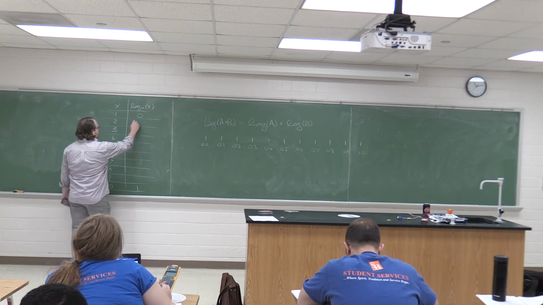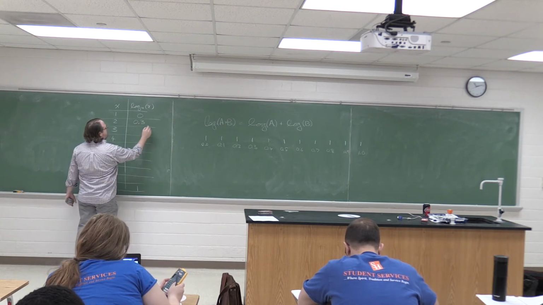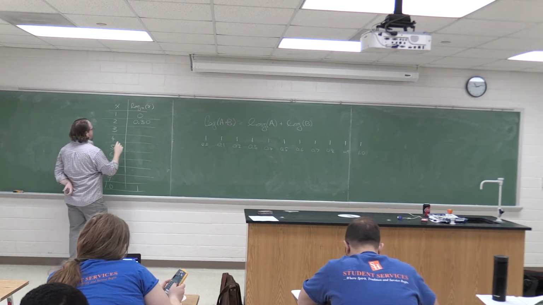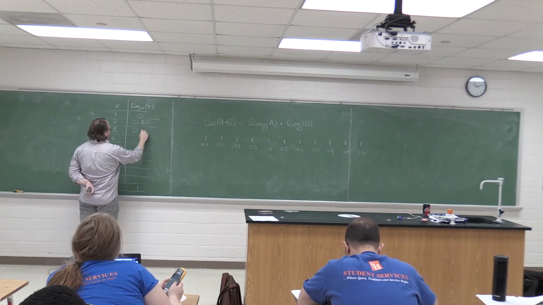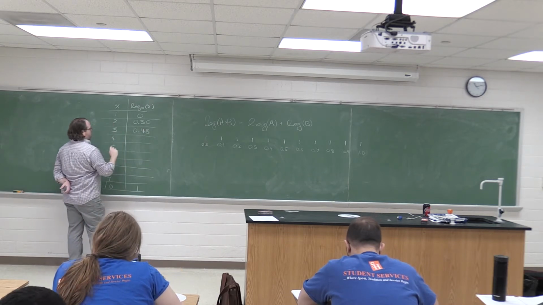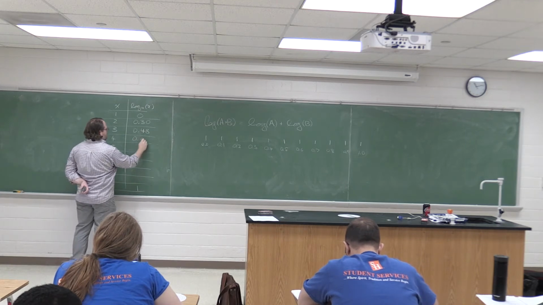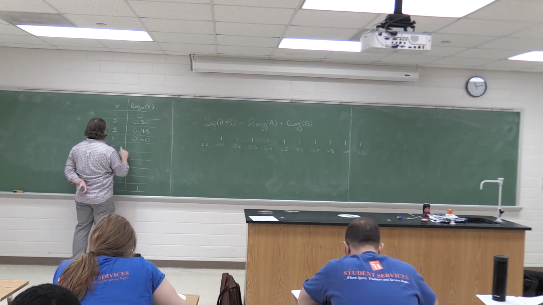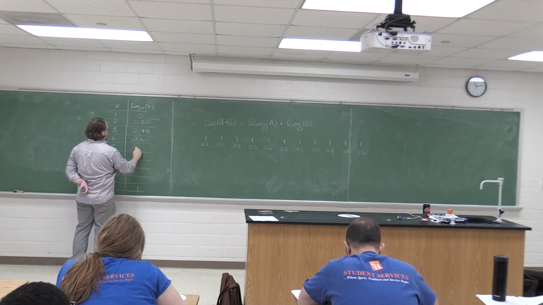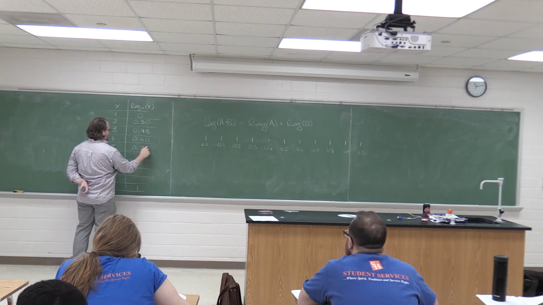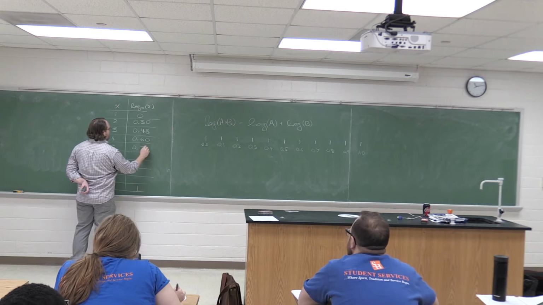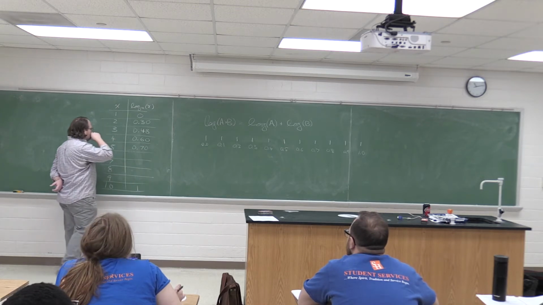0.3. Okay, go ahead and give me another digit, maybe. 0.301. Okay, perfect. And log base 10 of 3. 0.477. Okay, great. And 4: 0.602. And 5: 0.699.